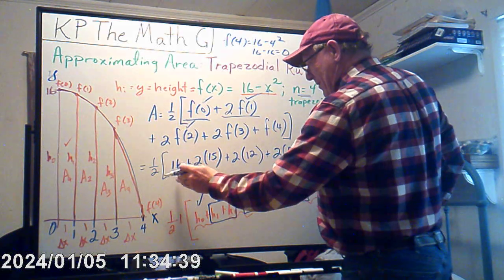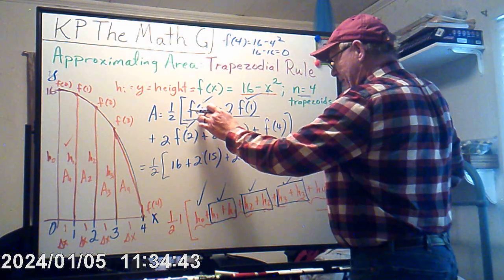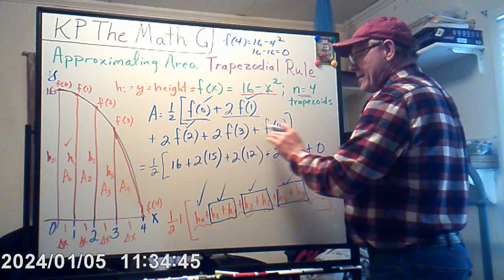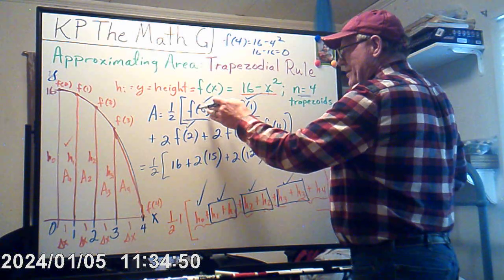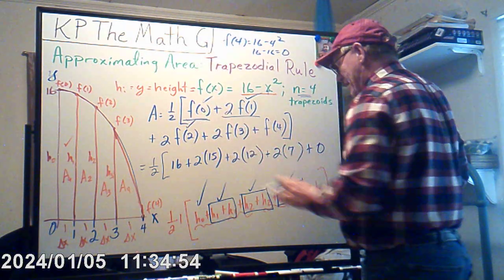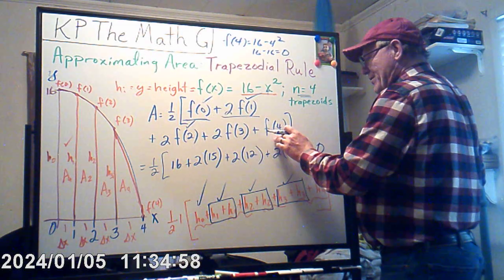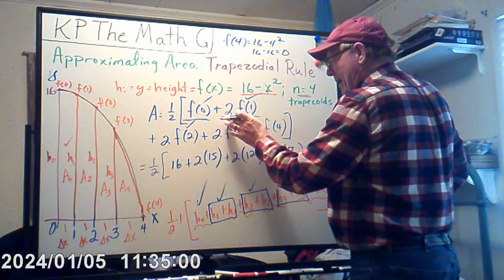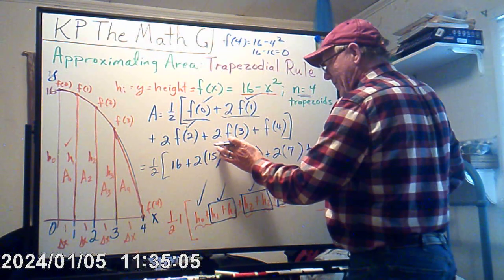Remember the first and the last terms: you'll start with F at 0 and F at whatever n is. It could be that the first one's a 1 or 2 or whatever, wherever it starts, usually it's F at 0, and then it ends somewhere. So we had F at 0, F at 4, but 2 times F1, 2 times F2, 2 times F3.